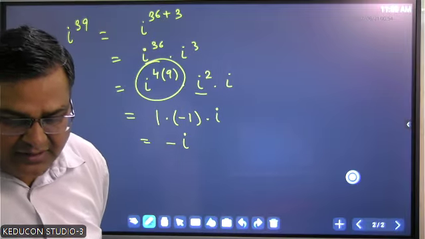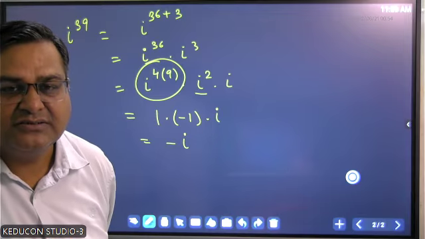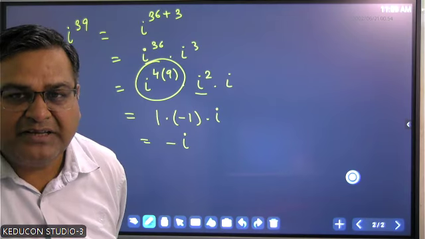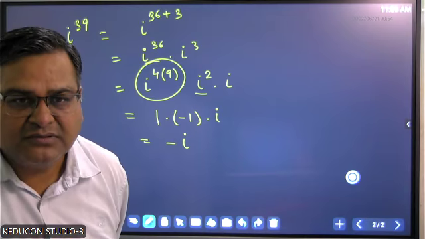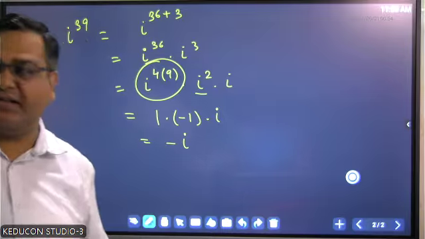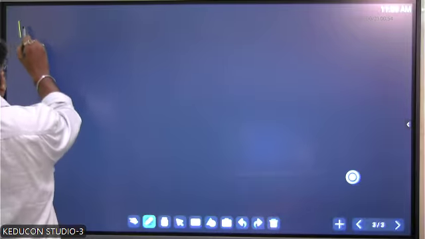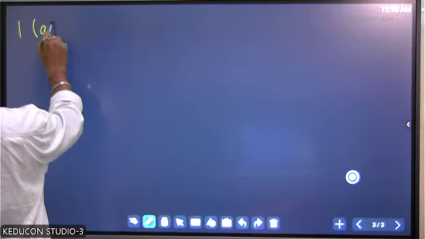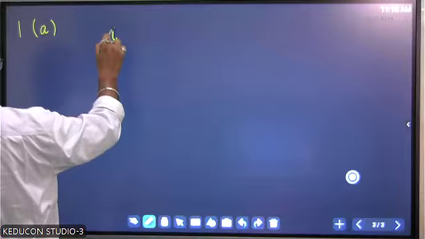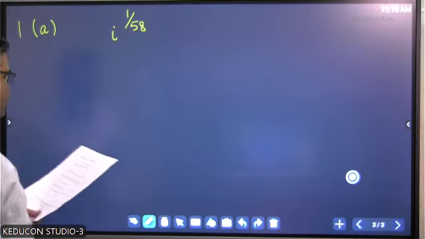Is it clear? Have all of you got the assignment, students? Yes, very good. Do you have question number 1 part A and B? That is iota raised to power minus 58. Have you got this question?